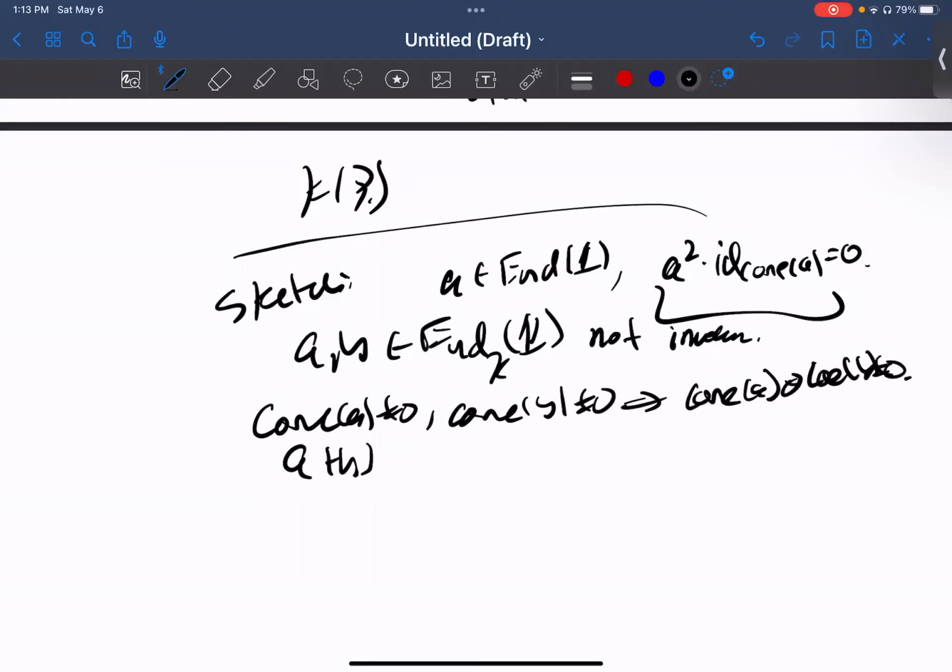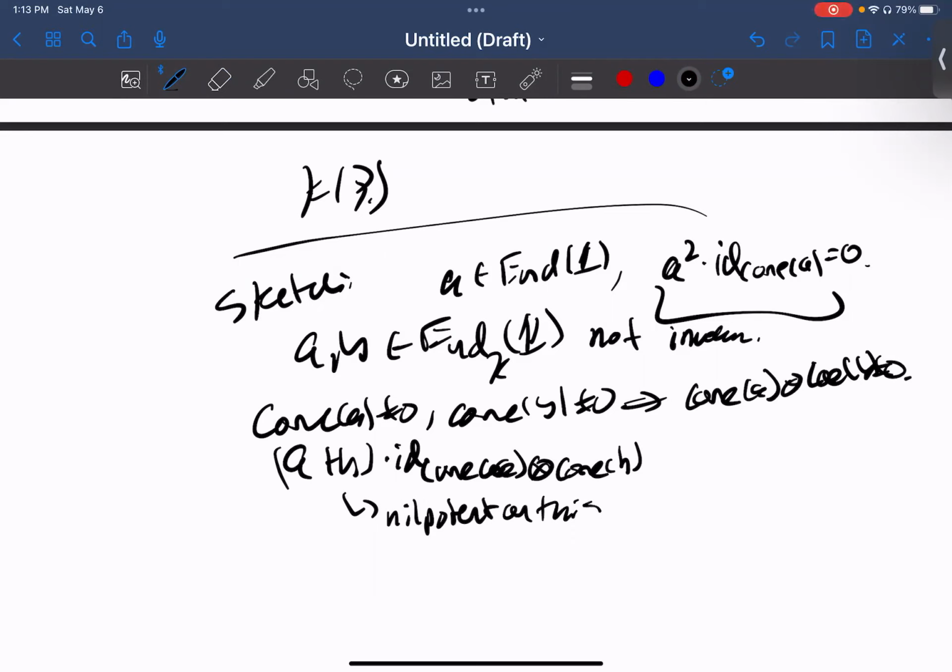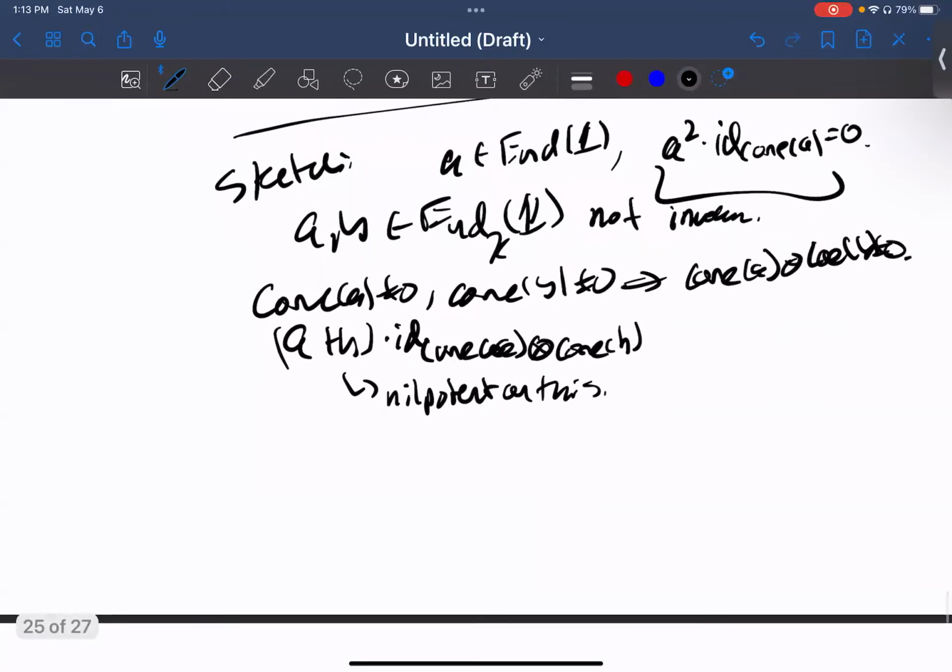And then A plus B times, that's the trick. A plus B is nilpotent on this. Okay, that's the trick.